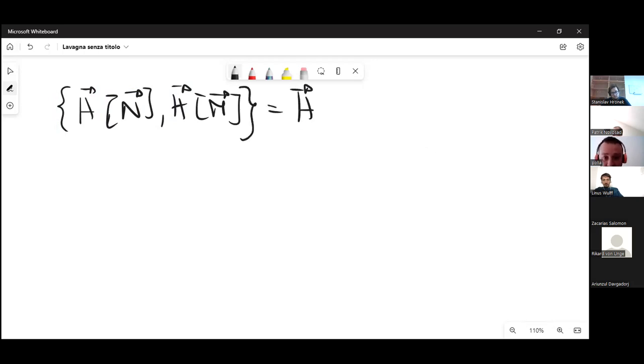Written also in other terms, instead of with the derivative, with the Lie derivative, we have the commutator of these two, which corresponds to the Lie derivative of n on m.